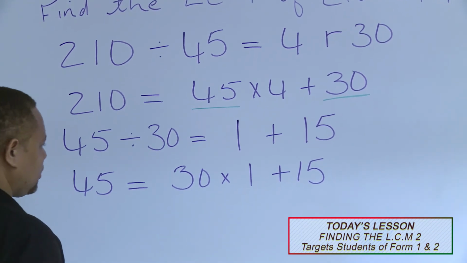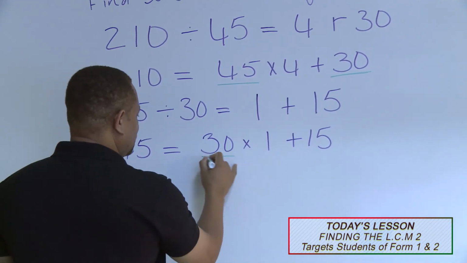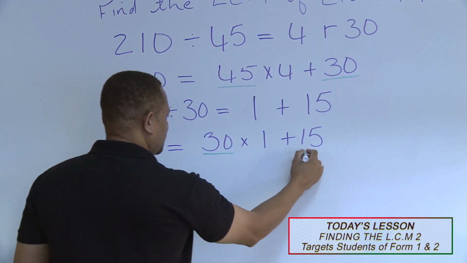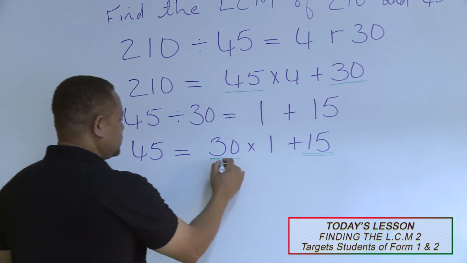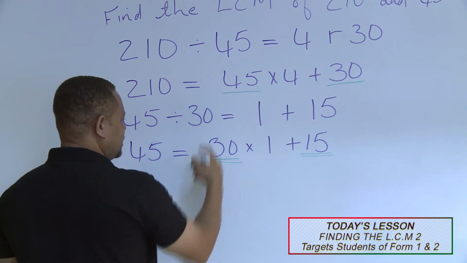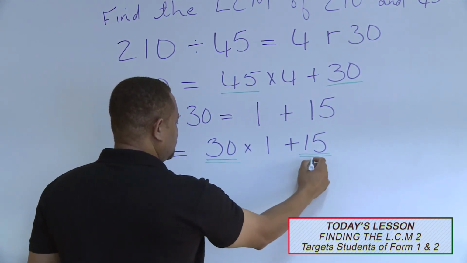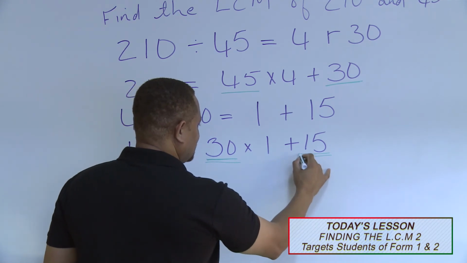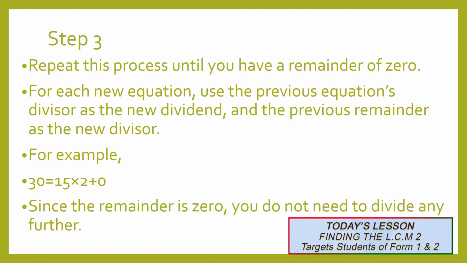So now our new dividend is 30, which was the original divisor, and our new divisor is now 15. Now we are going to repeat this process until our remainder is 0.